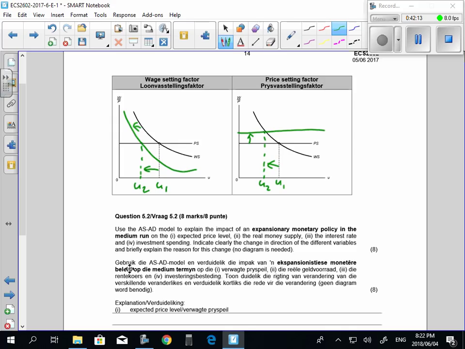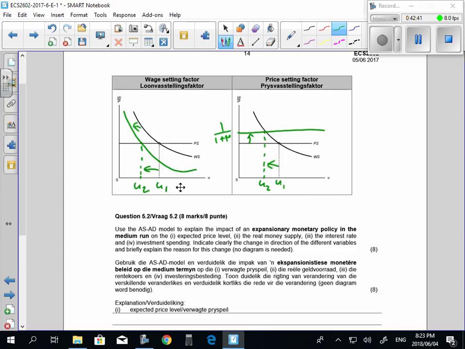Now, why we say a decrease in the markup shifts the price setting curve upwards is because it is calculated as 1 over 1 plus the markup.